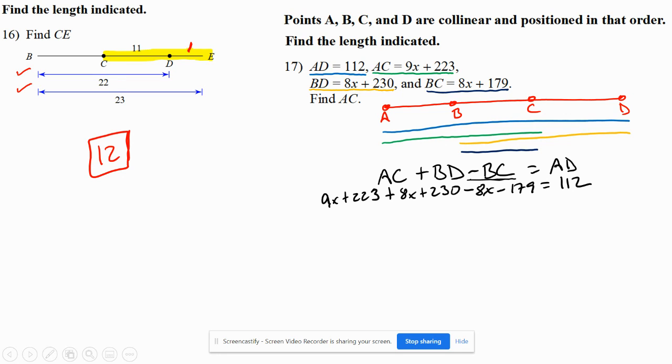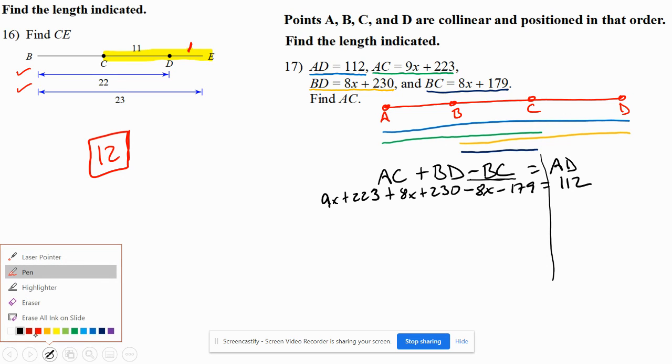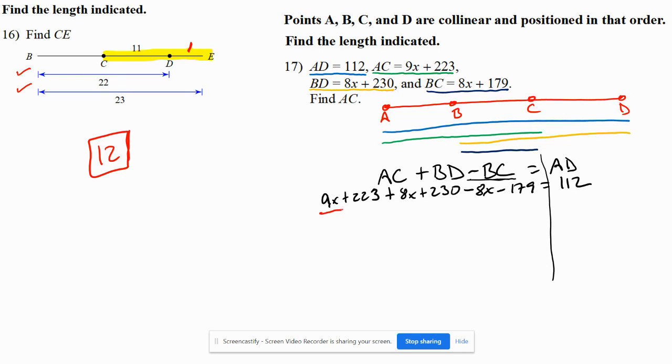All right, the left side, I'm going to separate my side through the equal sign. The left side, I'm going to condense it. Let me see the x's. 9x plus 8x minus 8x. So 9 plus 8 minus 8 should give me 9. So I'm just combining my like terms.